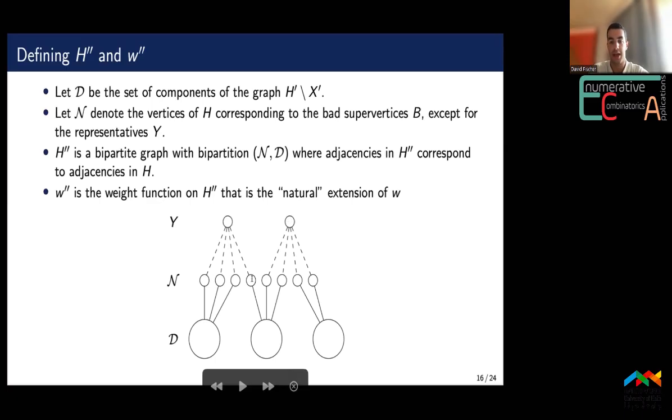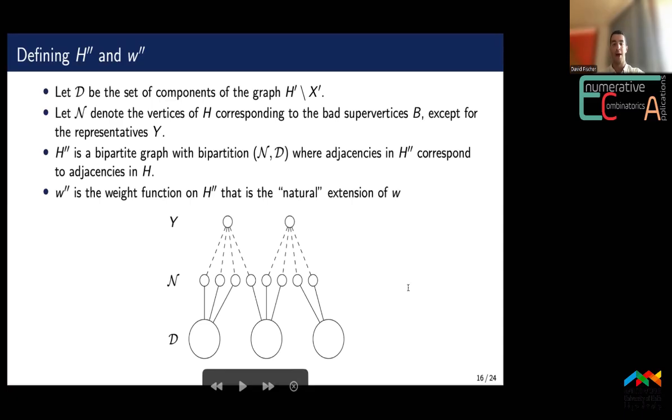And then we have N here, which is all the neighbors of the representatives, the vertices corresponding to B. And so now we're going to get this bipartite graph here. If we ignore Y, we have this bipartite graph between N and D, where these edges just correspond to adjacencies in H. So each of these guys is a vertex of H. Each of these guys is a component of H. So if this guy has a neighbor in this component, then there's an edge here.